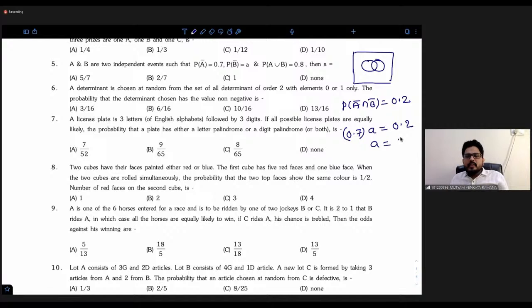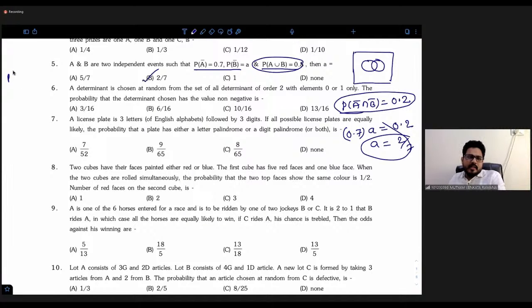So B is equal to 2 by 7. You'll be getting it straight away, no doubt, 2 by 7. So here, instead of doing that, probability of A union B is given, so you can go for probability of A bar intersection B bar. Probability of A bar intersection B bar is equal to 1 minus probability of A union B. Because independent, you can proceed with this.